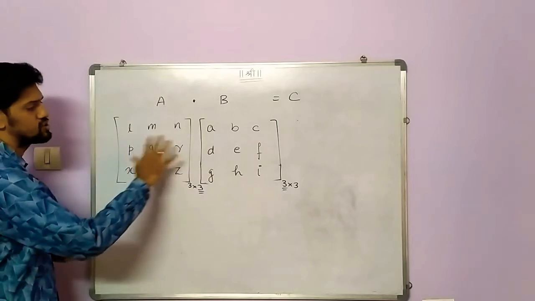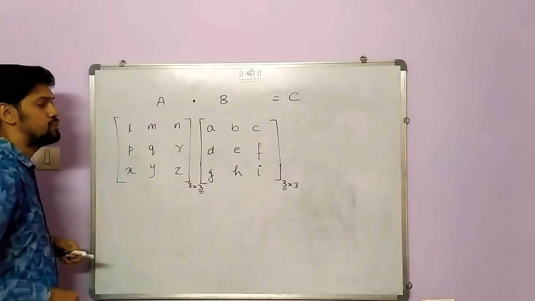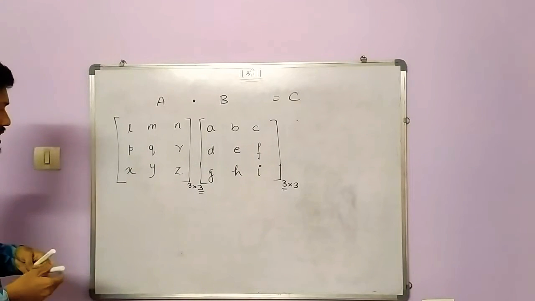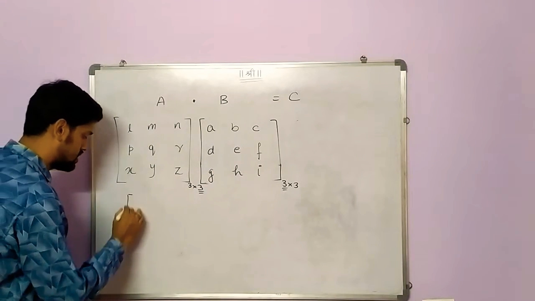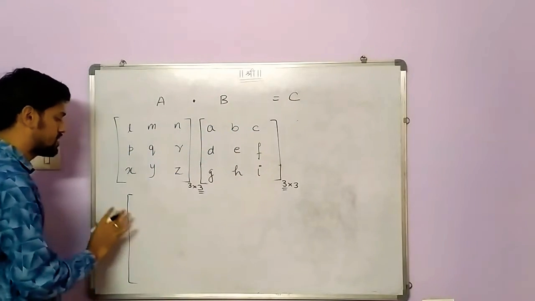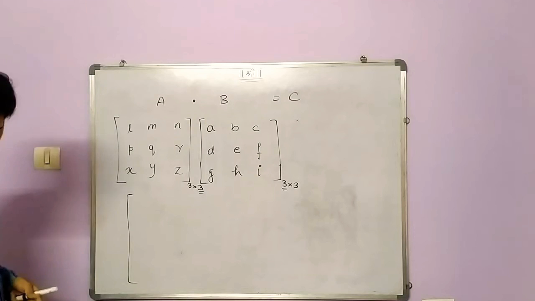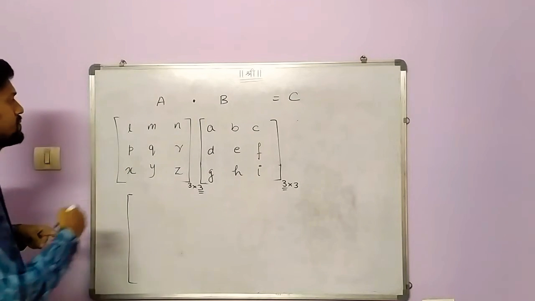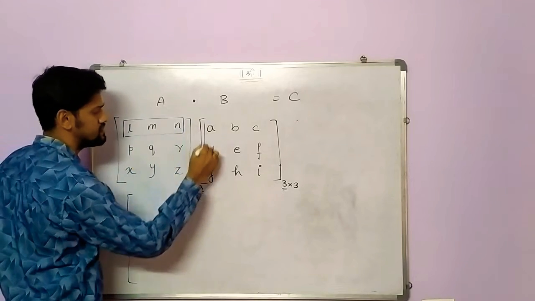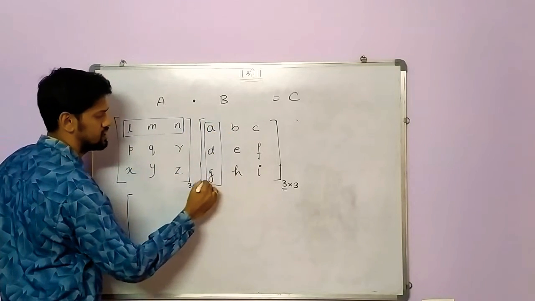So when I multiply these two matrices, I'll get a third matrix which is obviously matrix C. So I will start multiplying. I'll write this multiplication, this matrix C over here. So now the procedure is this way. Please observe. I will take the first row of this and first column of this.